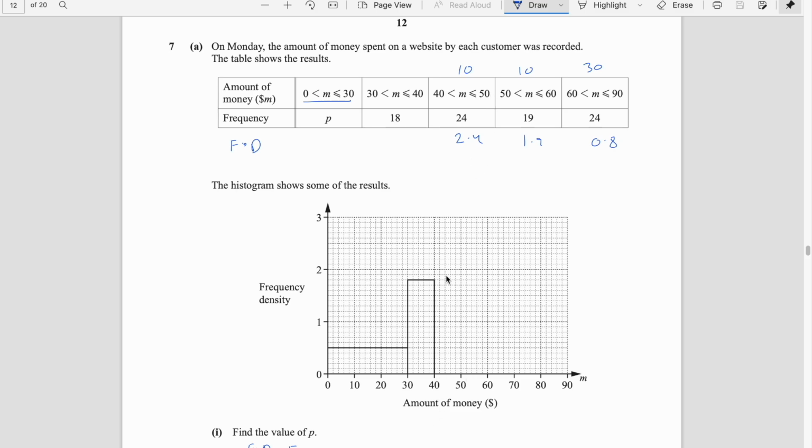From 40 to 50, height is 2.4. From 50 to 60, it is 1.9. And the last one is from 60 to 90, height is 0.8.